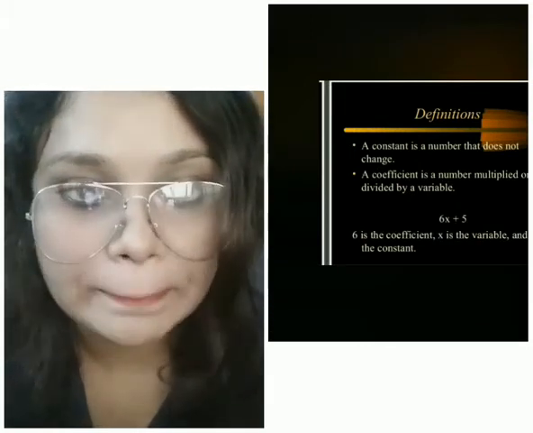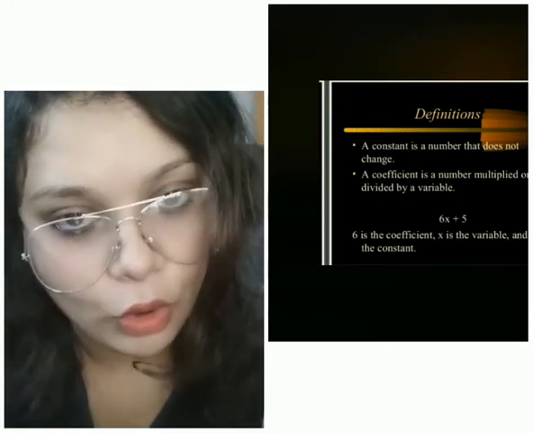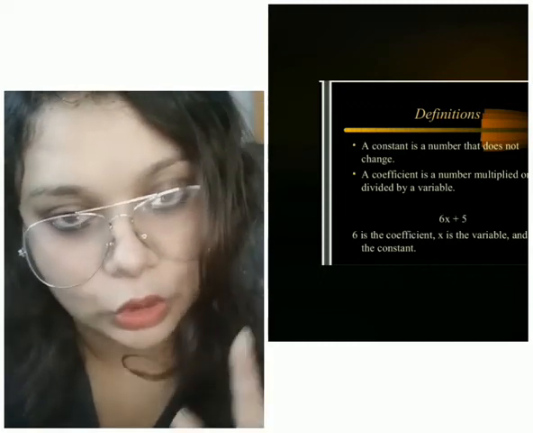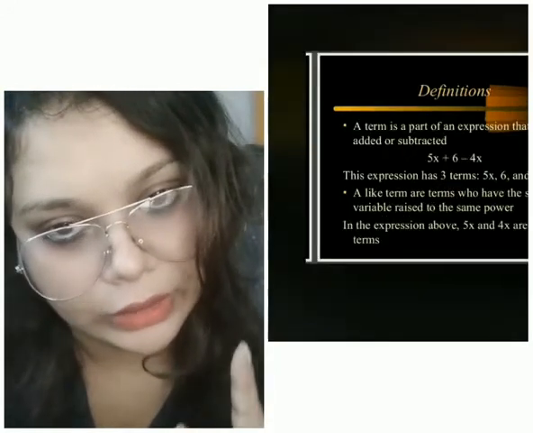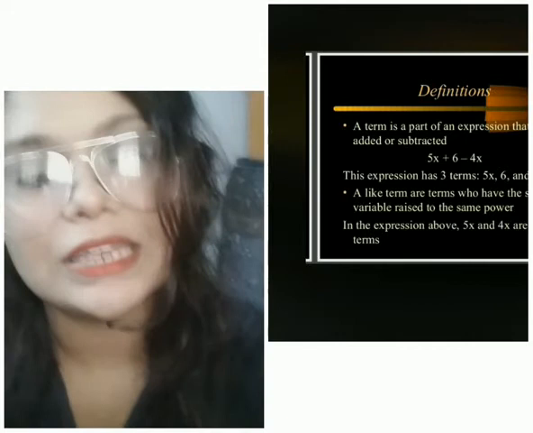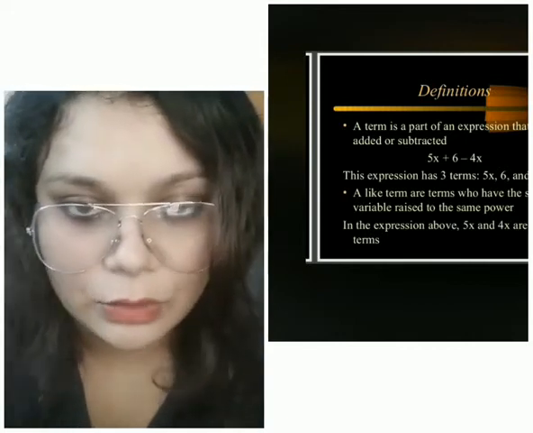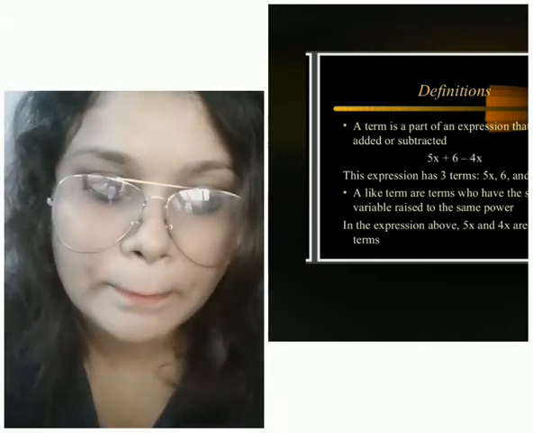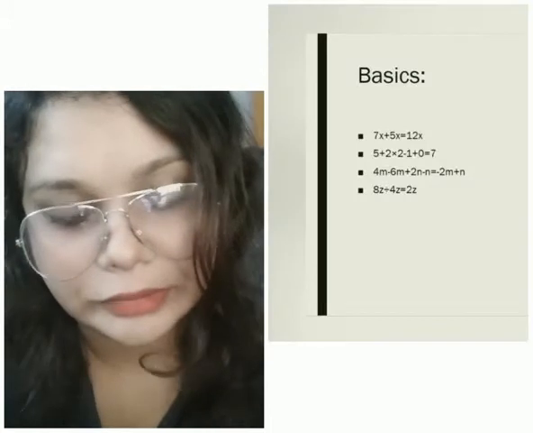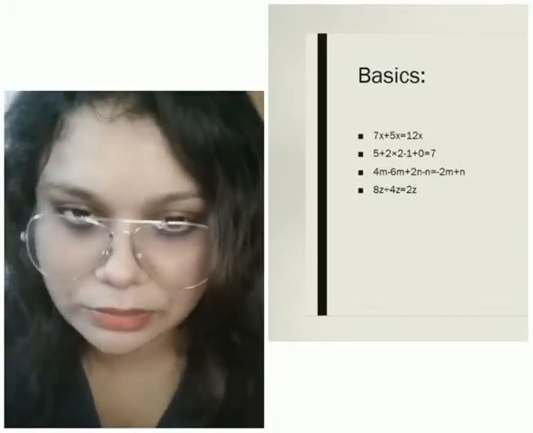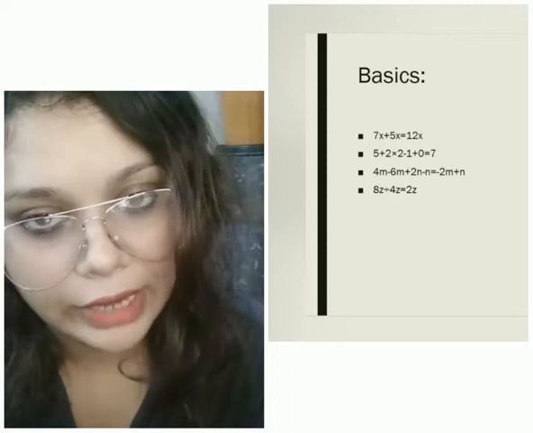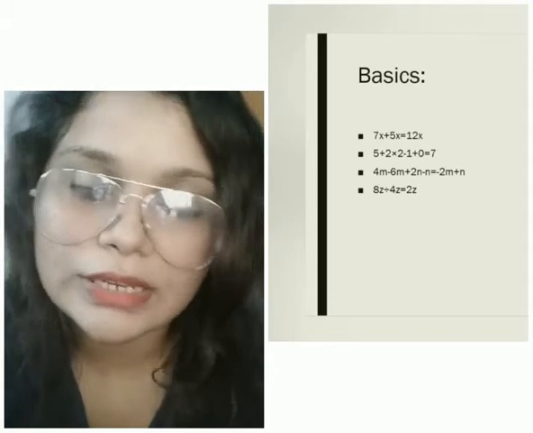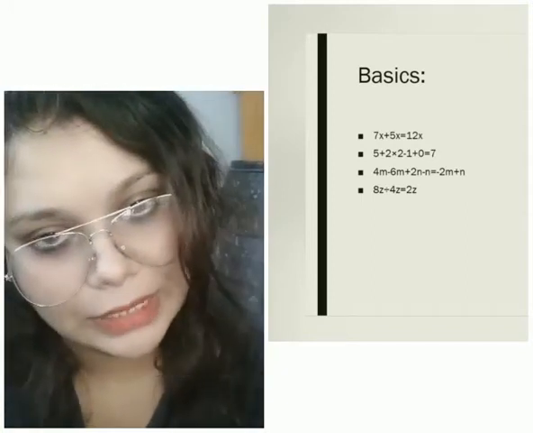Then 2n minus n. You already know, if a variable doesn't contain a number, it's already 1. So 2n minus n is only n. Here the bigger number has the positive sign, which is plus. So you will write it as minus 2m plus n. Correct? Next, a division symbol is given: 8z divided by 4z. 8 divided by 4 is 2. So the answer will be 2z.